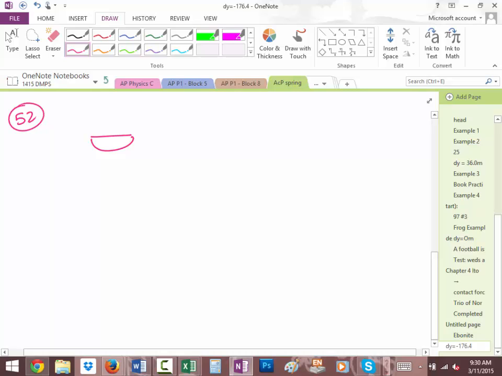It moves through the water with two forces. One of them is pushing forward with 2,100 newtons of force by the motor. So that's the force of the motor on the boat. And then I've also got a force backwards, right?